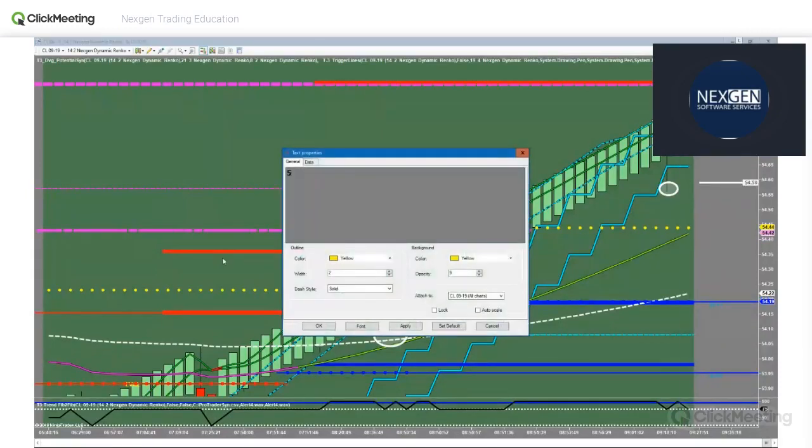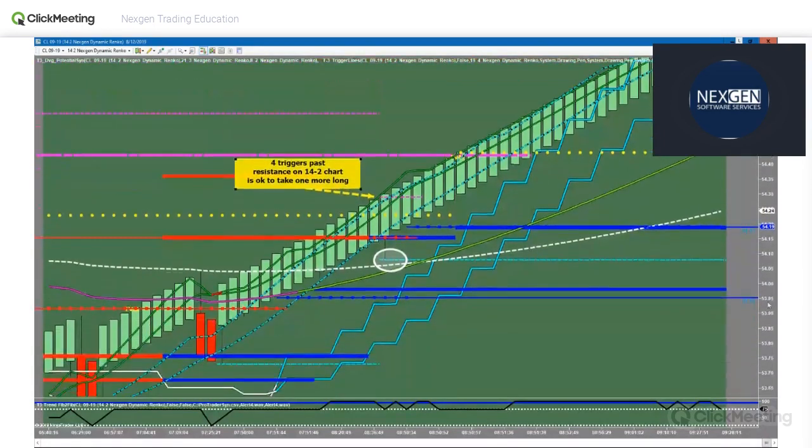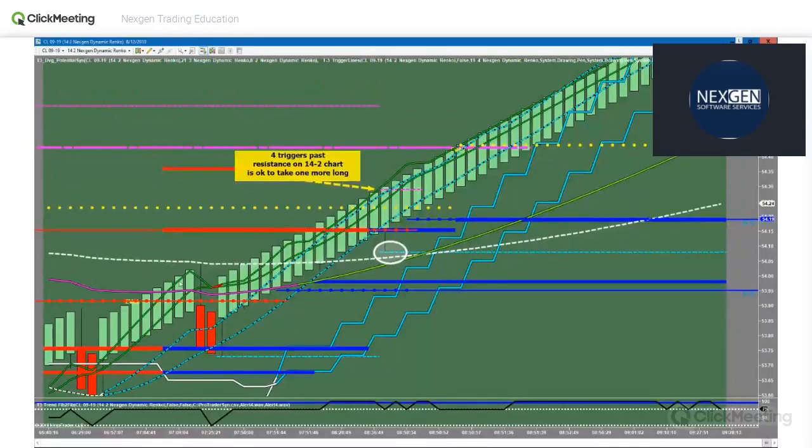So look, 4 triggers past resistance on the 14-2 chart is okay to take one more long. And Eddie, this is where you failed on your trade. You had resistance hit, which I'll draw a box on, but you did not have 4 triggers past the resistance.